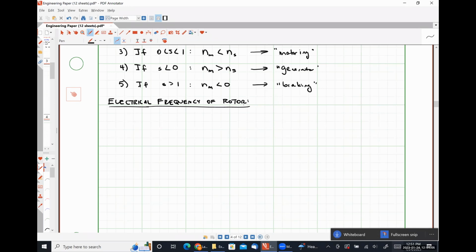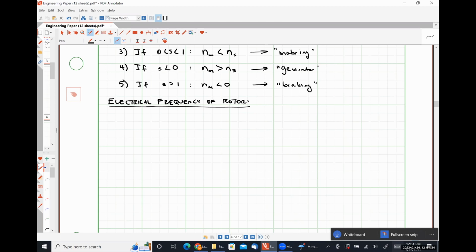Our rotor's electrical frequency is going to be different than our stator's electrical frequency. Can anybody tell me why? Because they're spinning at different speeds. That is literally it.